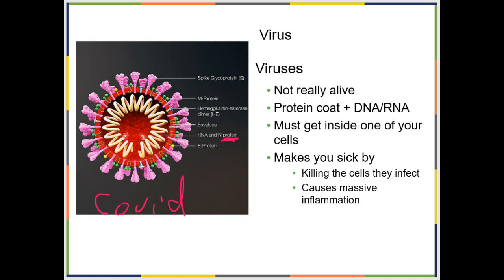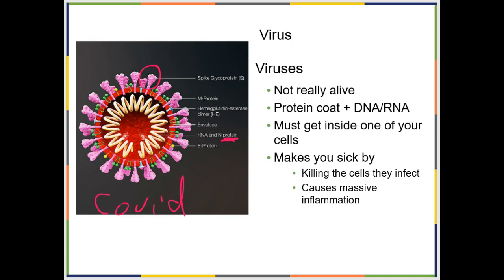So this virus has a phospholipid bilayer similar to ours with some proteins inserted in it. It is these pink spike proteins here on the COVID virus that you are going to see later is responsible for it entering into our cells.